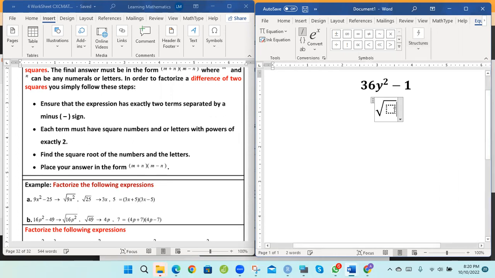So you write down the square root of 36y squared. Ignore the negative sign for now.